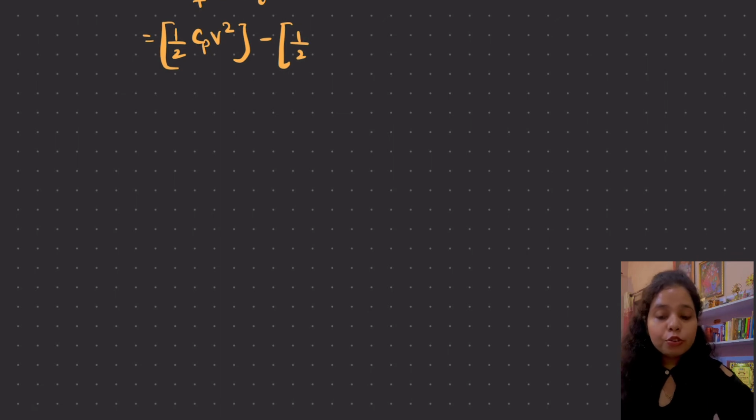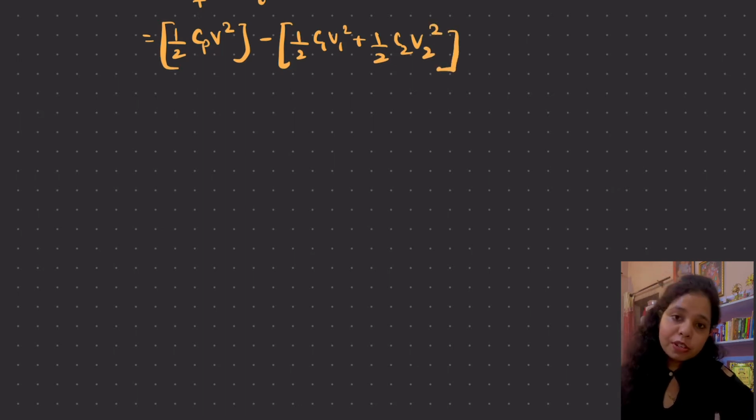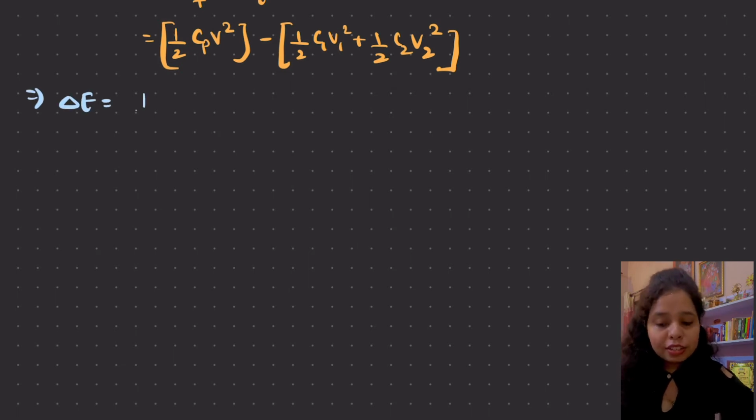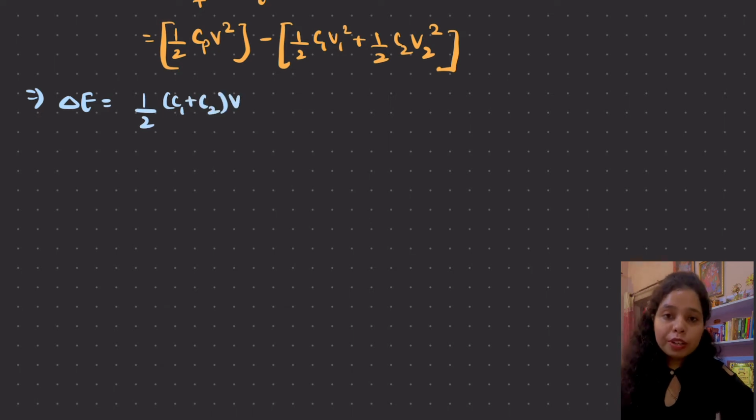I have substituted the value of E final, that is half CpV square, minus the initial energy, which is the total energy in the capacitors, that is half C1 V1 square plus half C2 V2 square. Therefore, the change in energy is half C1 plus C2, substituting the value of Cp, V square, minus, opening up the brackets, half C1 V1 square minus half C2 V2 square.